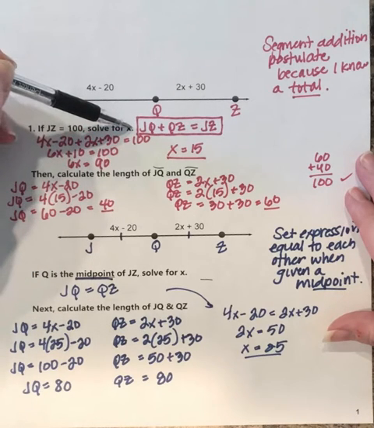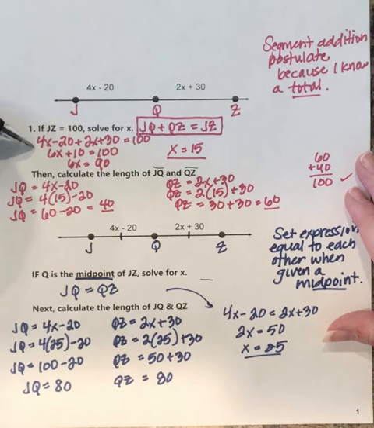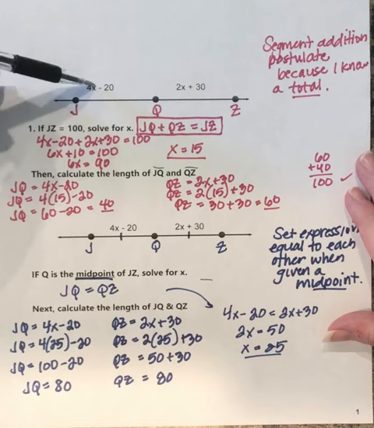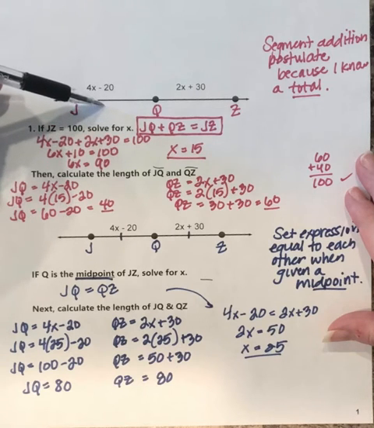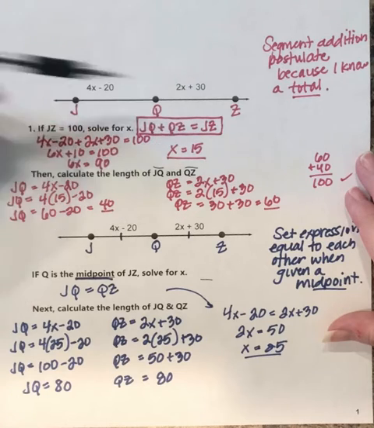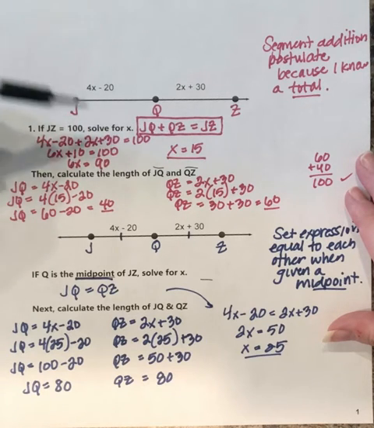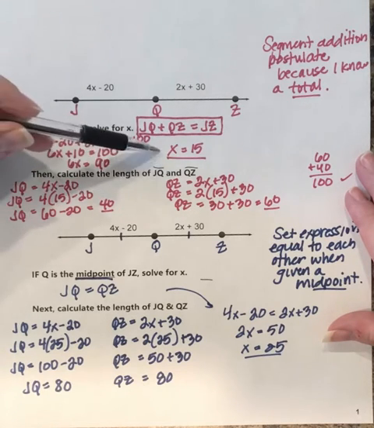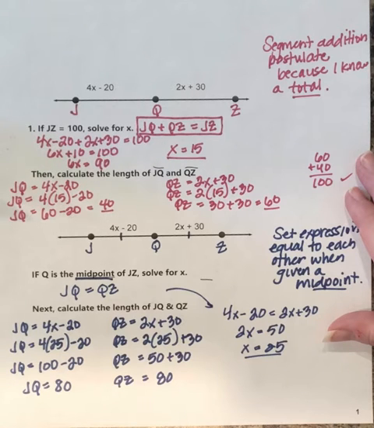That's the geometry. Once you set up the geometry, now it's all algebra. Here's my relationship. I just substituted in the expressions that I had for JQ and QZ and set it equal to JZ, which I knew was 100. Worked through it algebraically and ended up with x equals 15.